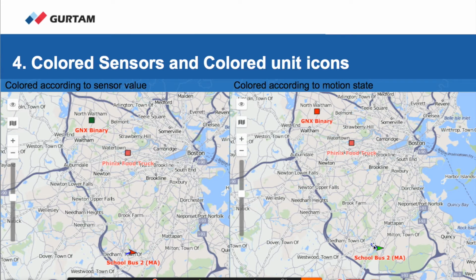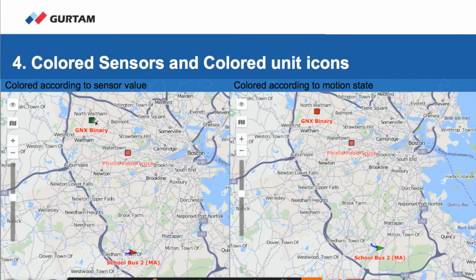Okay. So this has nothing to do with the colored sensors. Now, please pay attention to the left screenshot, where the same icons are colored not according to the motion state, but according to the sensor value.